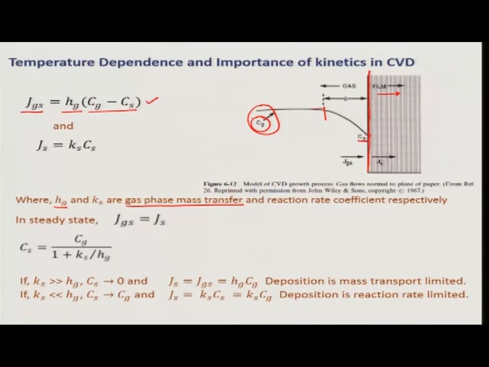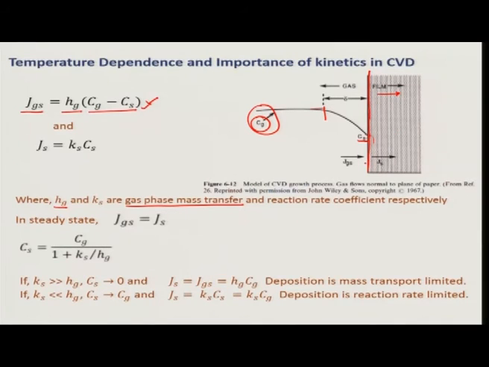Now, at the surface, whatever is the flux, we do not want a buildup of concentration here, so that this concentration difference drops below a certain level, then it will stop the diffusion. So, if there is more concentration here, then the reaction rate will be higher, and it will try to keep the same flux from the gas phase.